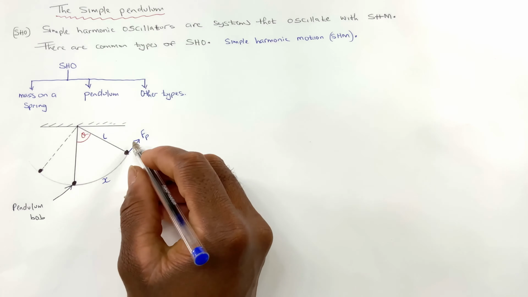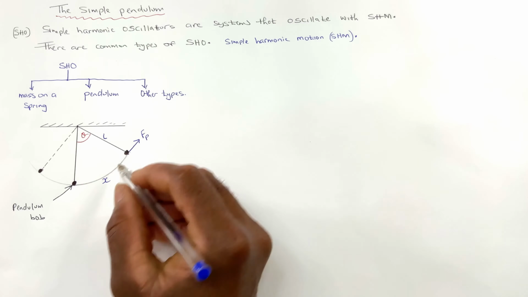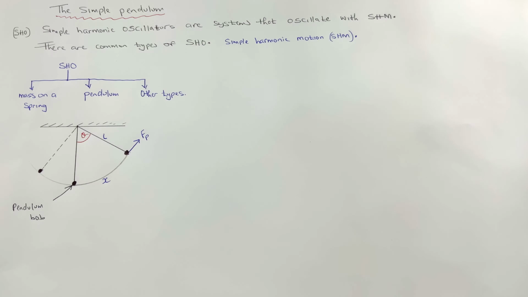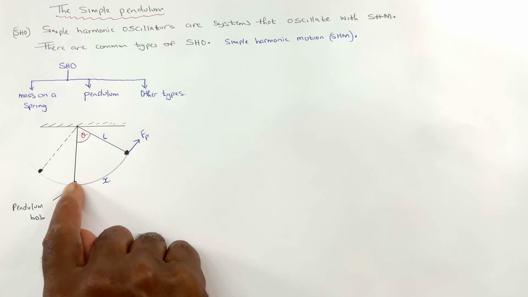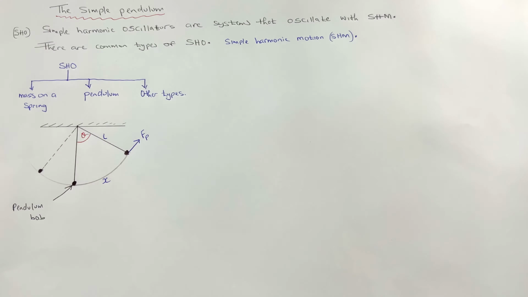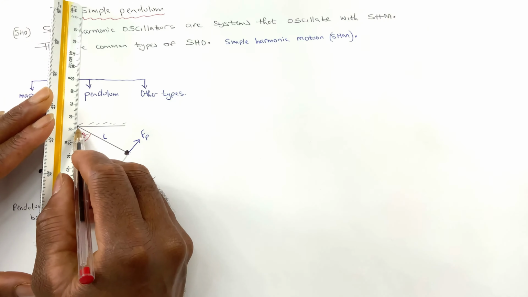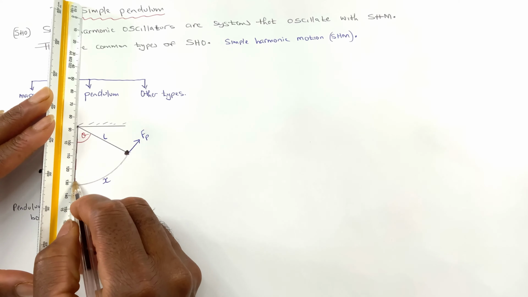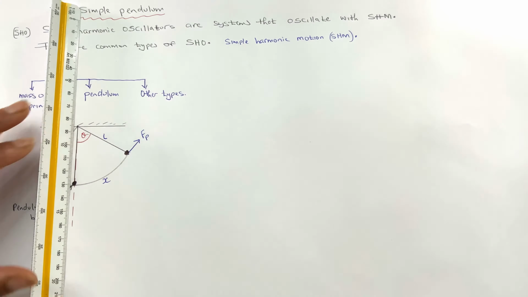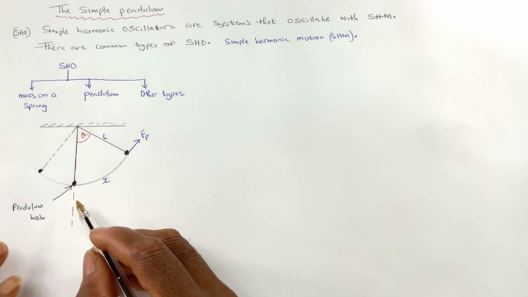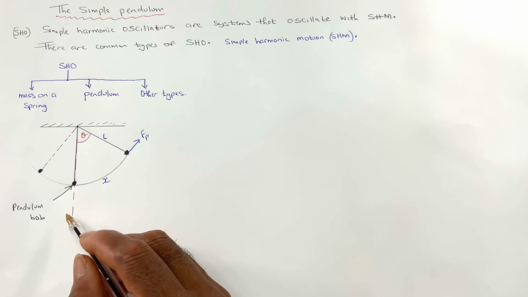But as you pull it to the right and have a displacement of x, it will want to come back to its equilibrium here. So the line of equilibrium is basically this line here. So that's the line of equilibrium.